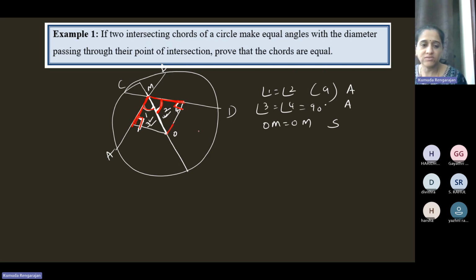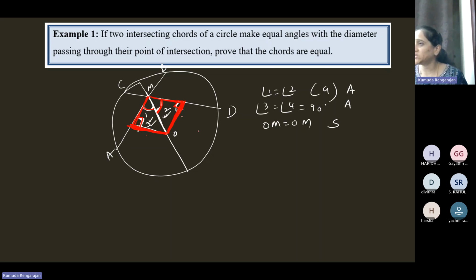CPCT, we have this side equal to this side, which means the distances of the two chords from the center are equal. What do you say about this line segment and this line segment? They are the perpendicular distances of the two chords from the center. So through congruency, we found that these two line segments are equal, which means the distance of the two chords from the center are equal.